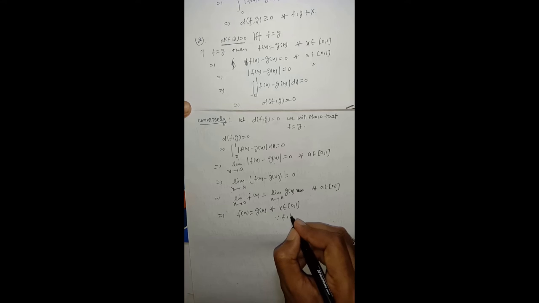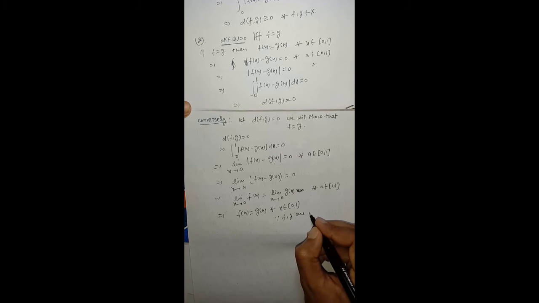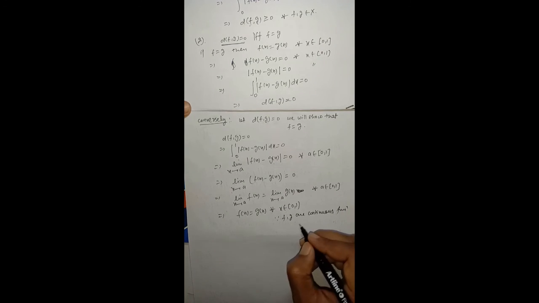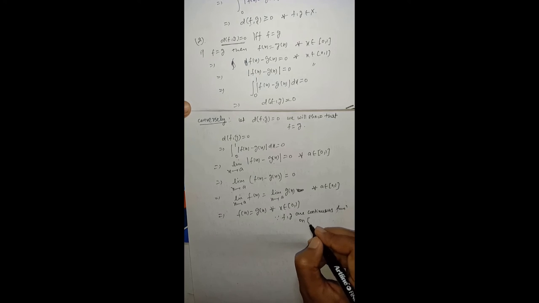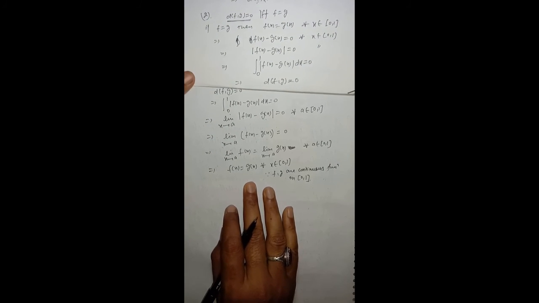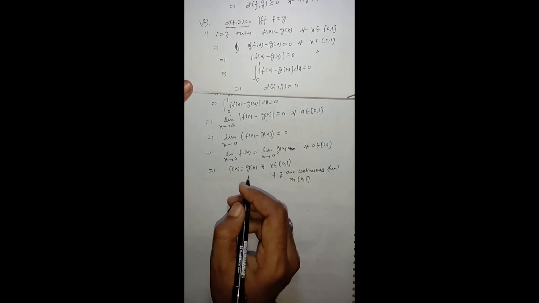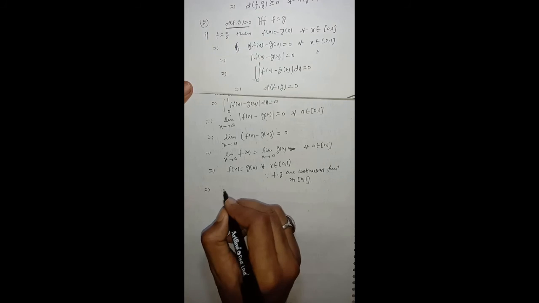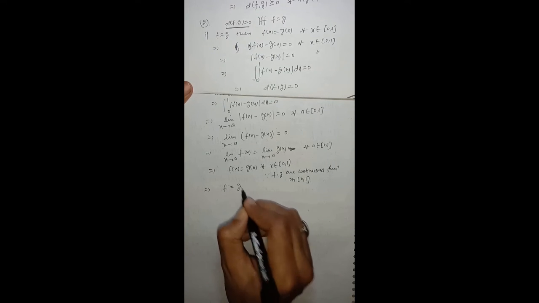since f and g are continuous functions on the closed interval [0,1]. So this implies f is equal to g.